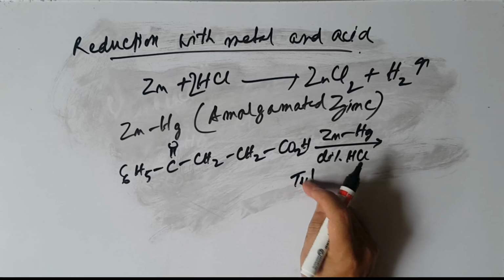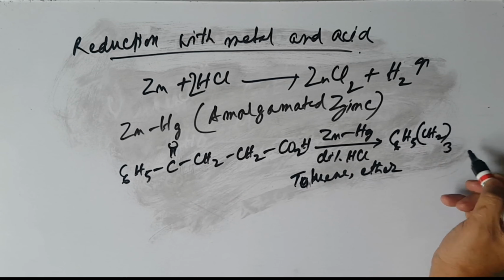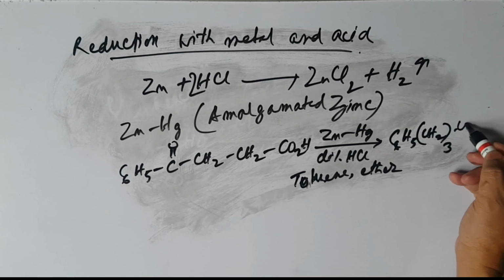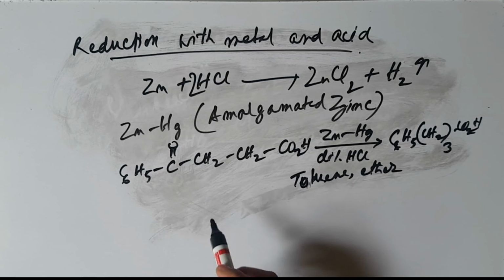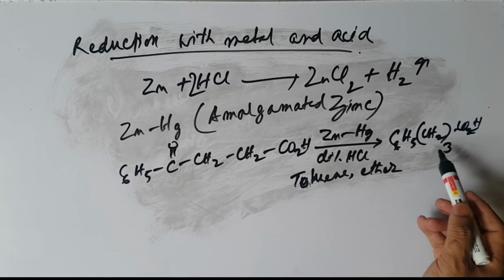Here only the carbonyl group is reduced, so it becomes CH2. You get C6H5 CH2 CH2 CH2 CO2H. In this way, in this example, the ketone is reduced to a CH2 group.